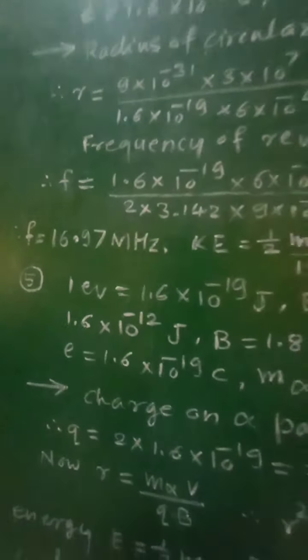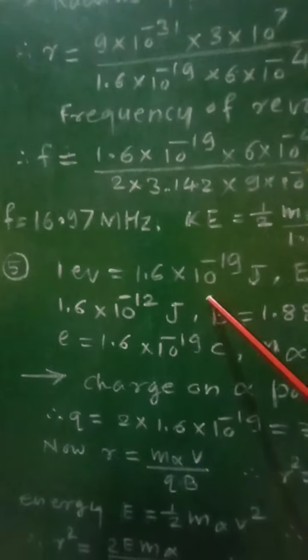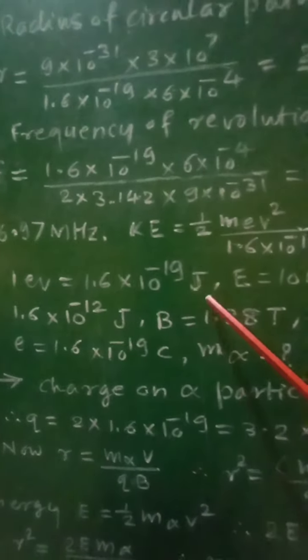And therefore for this numerical number 5, the given data is: 1 electron volt equal to 1.6 into 10 raised to minus 19 joule.